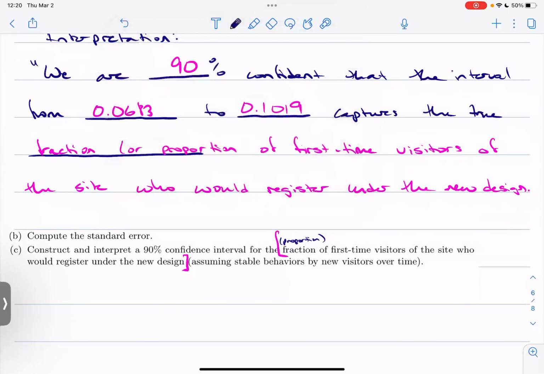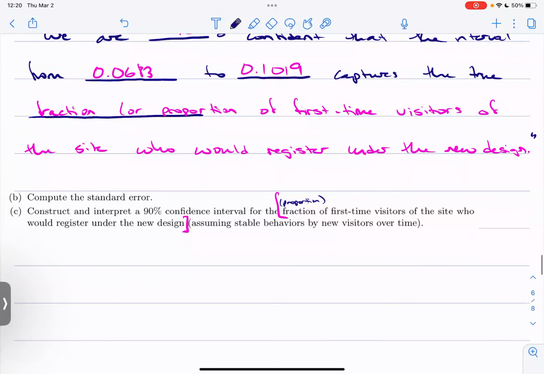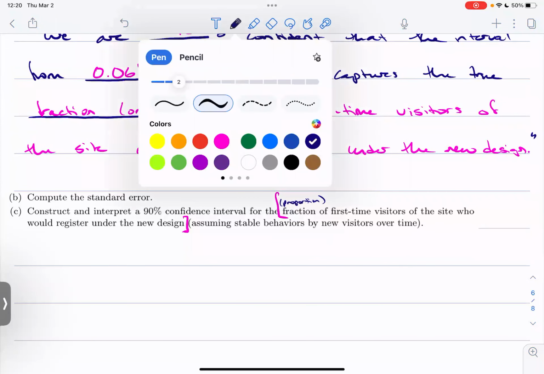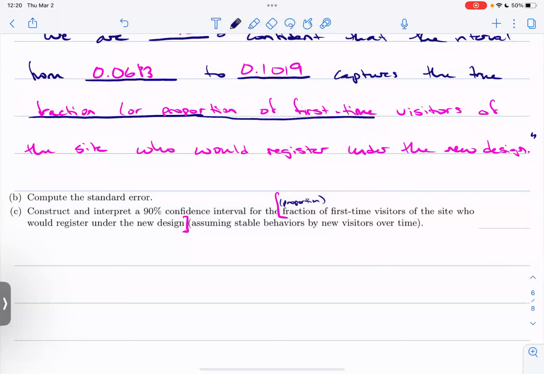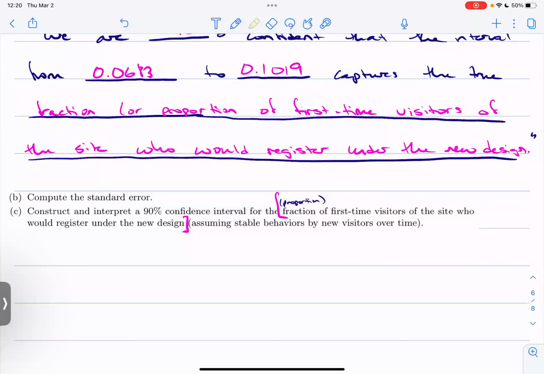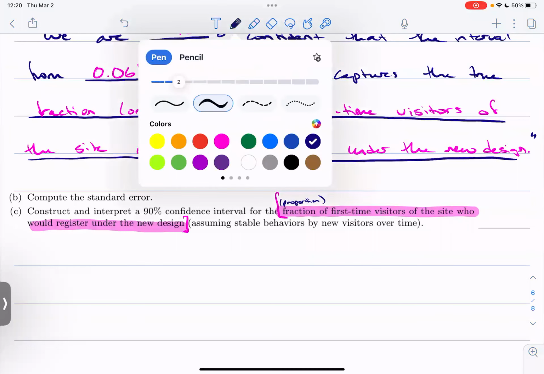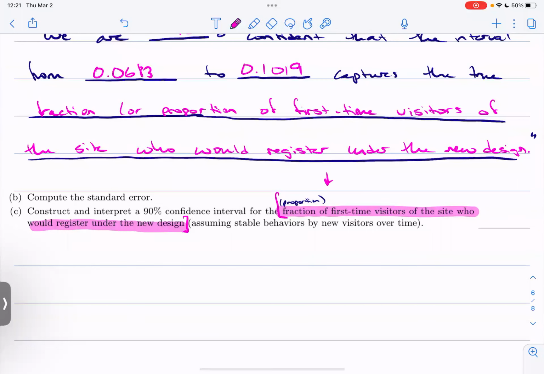End quote. You don't have to have quotes, but that's just from there.